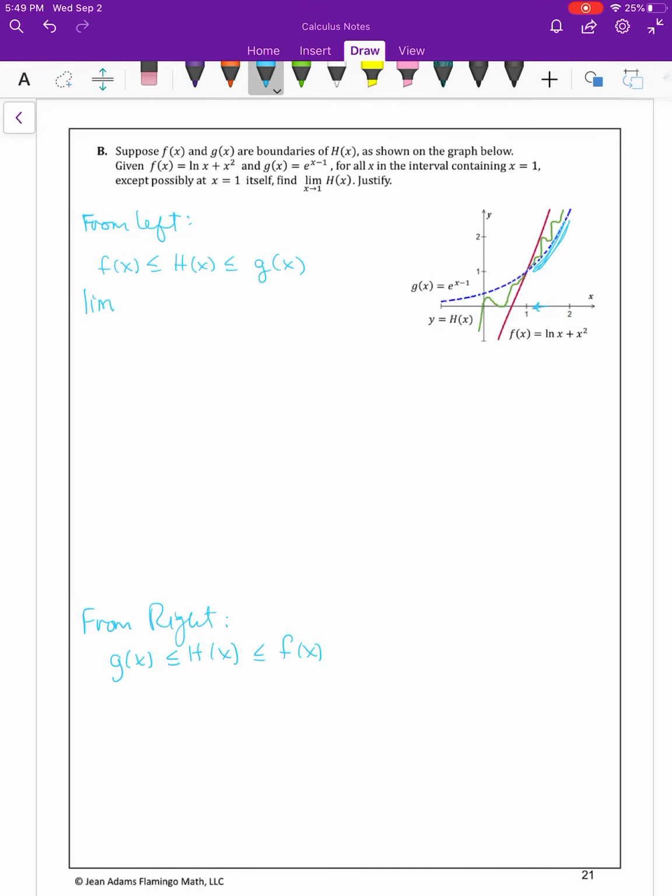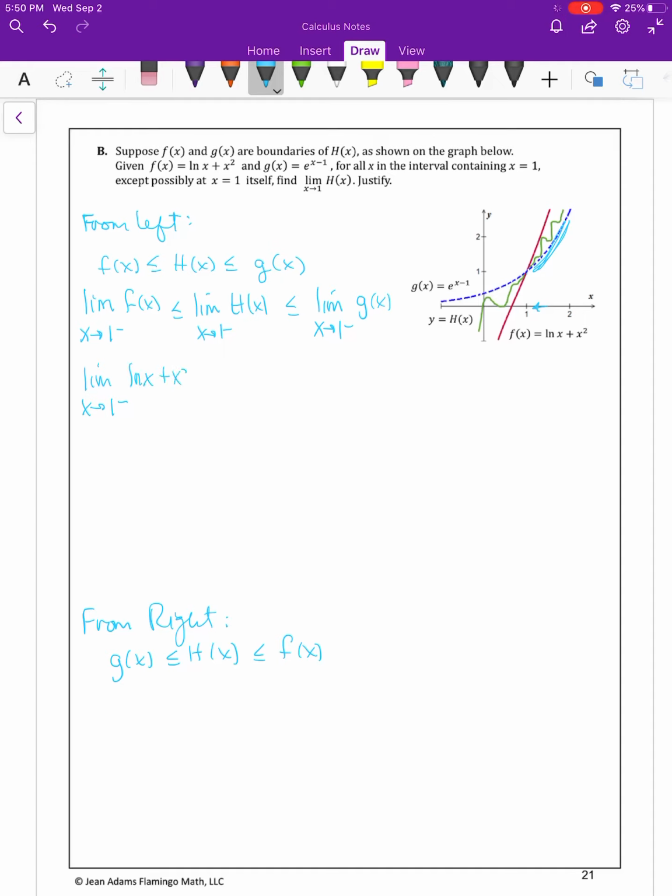So what I want to do is look at the limit as x is approaching 1 from the left of f of x, the limit as x is approaching 1 from the left of h of x, and the limit as x is approaching 1 from the left of g of x. So I've got the limit as x is approaching 1 from the left.